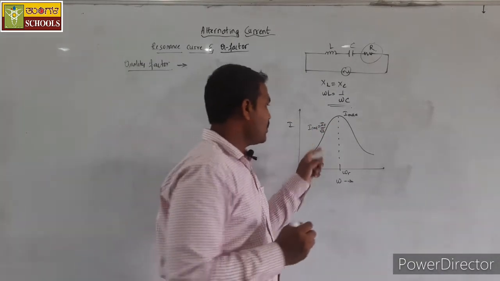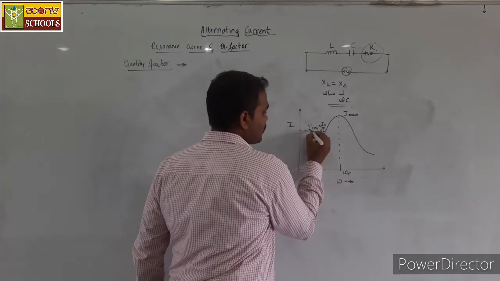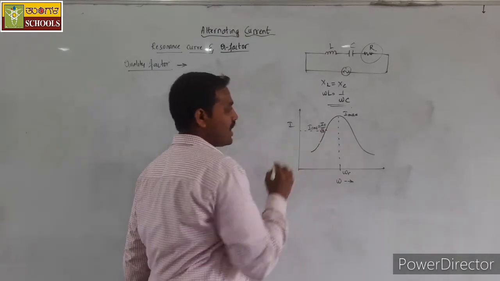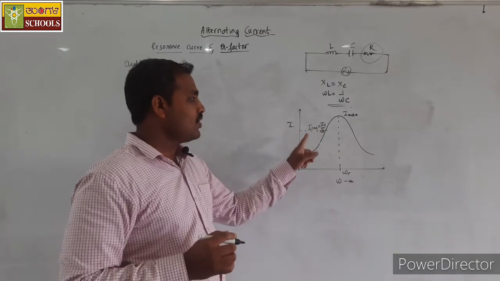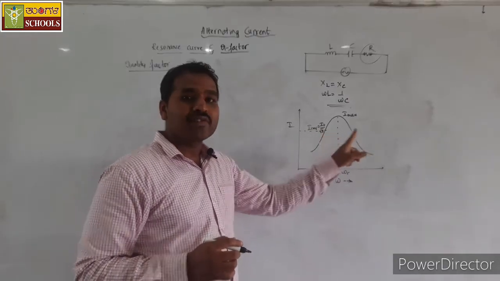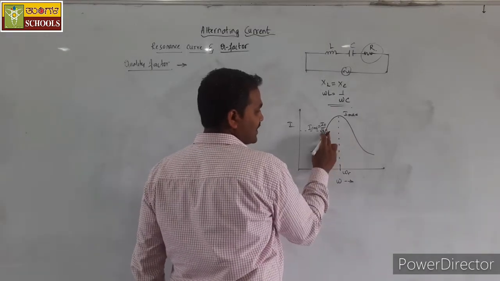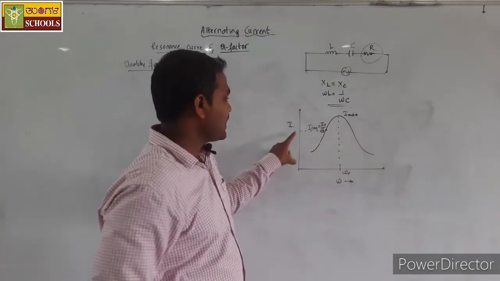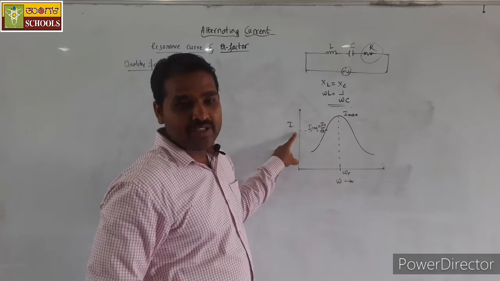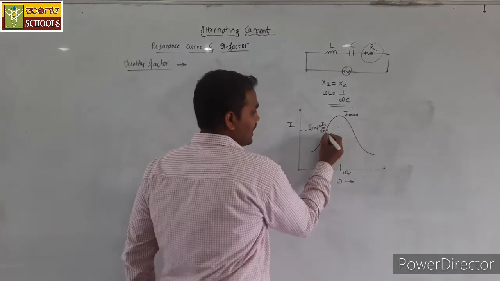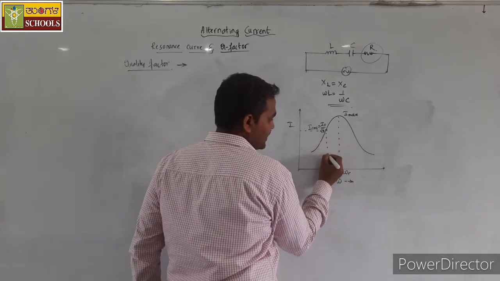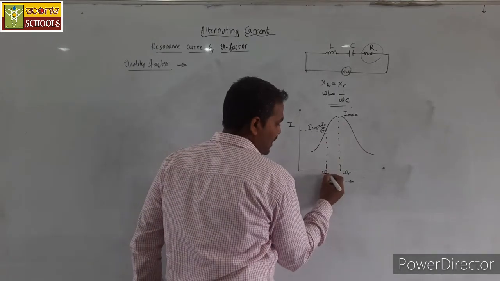So when the value of the current is equal to IRMS, that is equal to I naught divided by square root of 2, we will have two values of the frequencies. Let us consider this is the first value of the frequency at which the current is equal to I naught divided by square root of 2. And I will project it on the x-axis to get the value of omega 1.